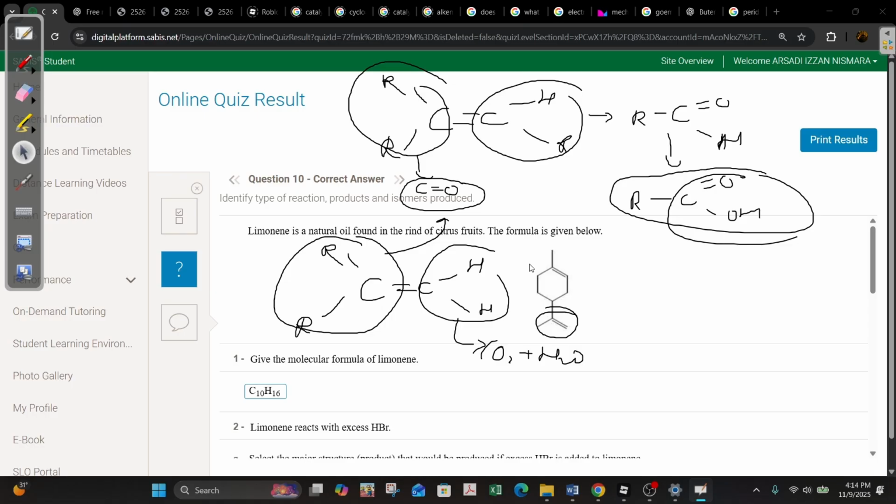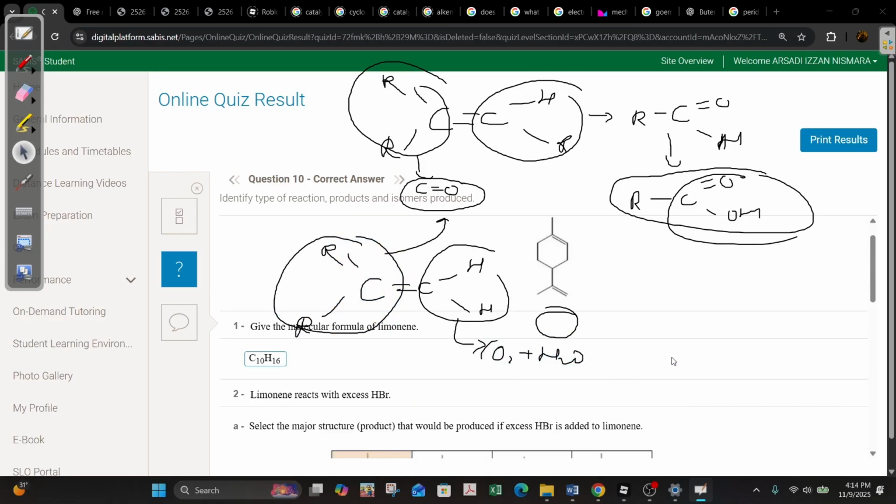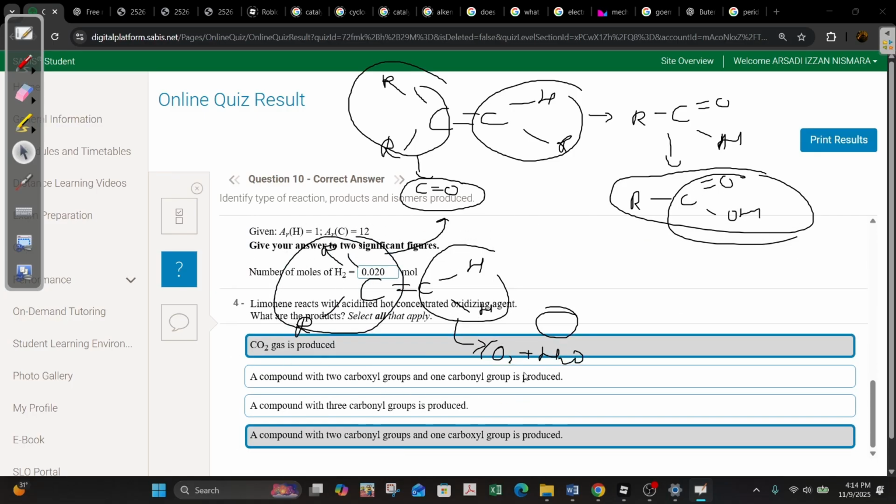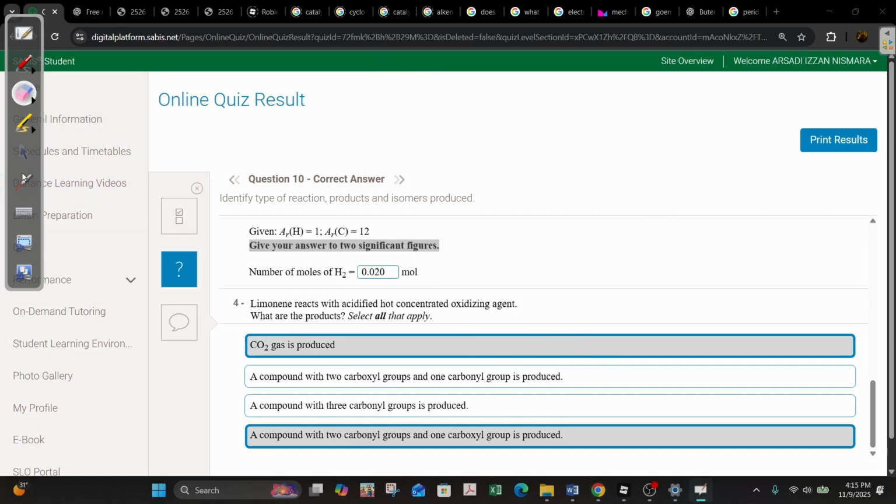But if it's a hot oxidizing agent, then it'll produce three types of products depending on the groups. So two carbonyl groups are formed, one carboxyl group is formed, and carbon dioxide and water are formed. So yeah, CO2 gas is produced. That's right there. Two carbonyl groups, yes, and one carboxyl group, yes. Okay.